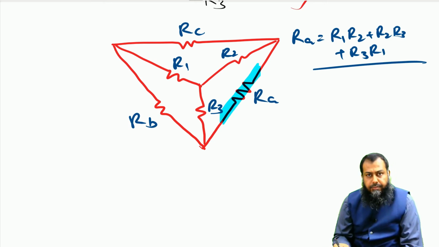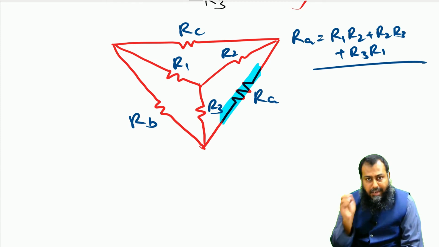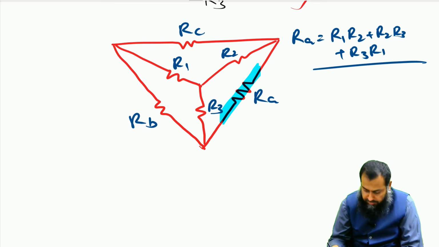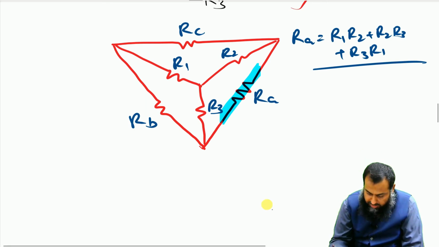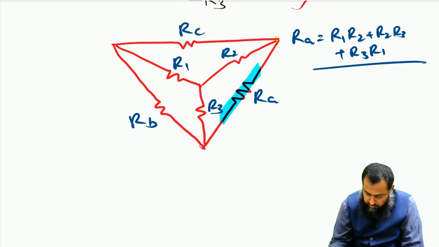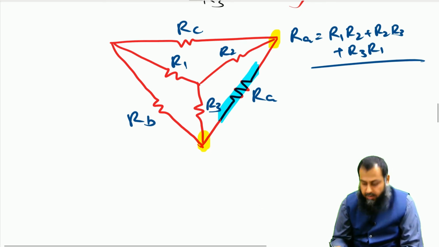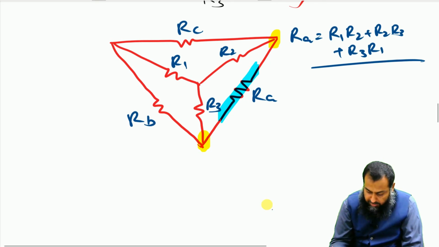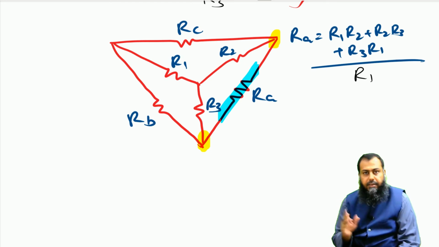In other words, it will be divided by that resistance which has no direct connection with RA. R2 has a direct connection with RA, and also R3 has a direct connection with RA. So we have to divide it by the resistance R1. So this is the first thing.